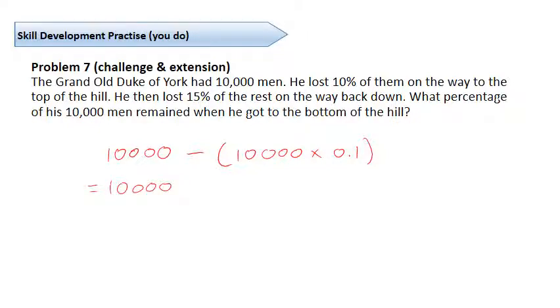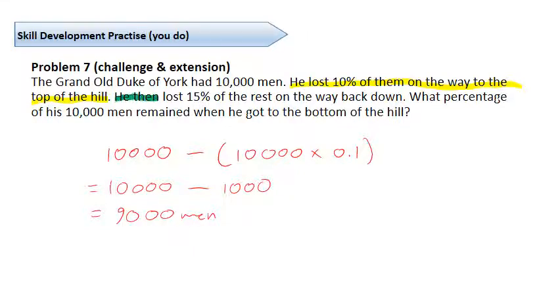So 10,000 minus 10% of 10,000, which is 1,000, which gives us 9,000 men. And that's just the first bit, so that's the 10% that he lost on the way to the top of the hill. We then have the next section.